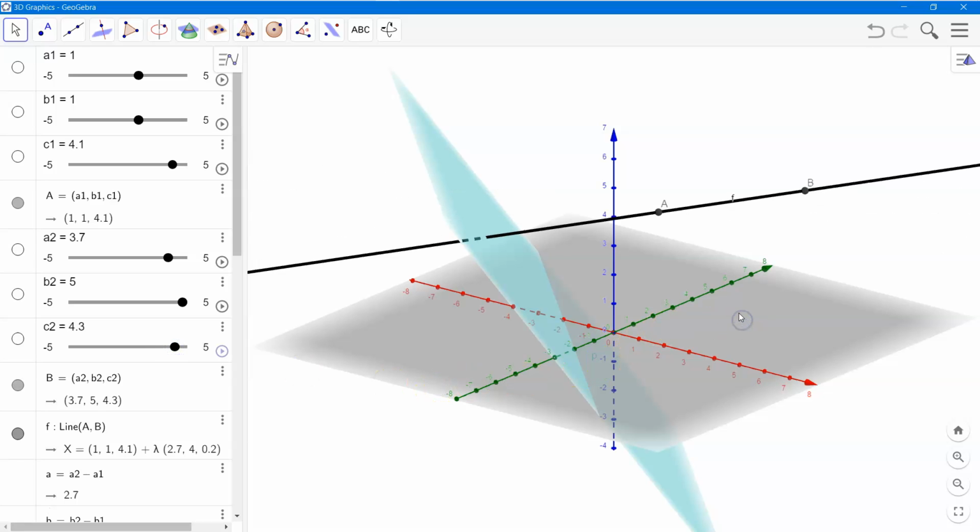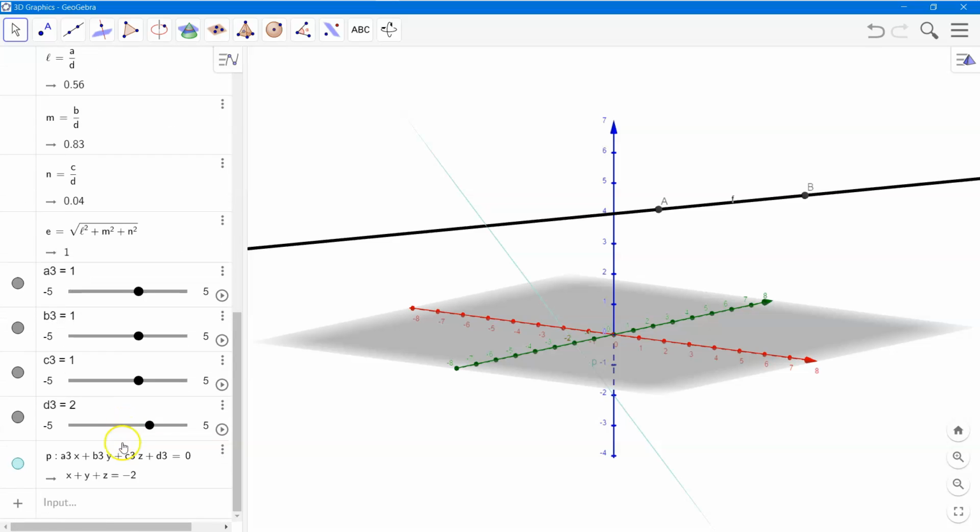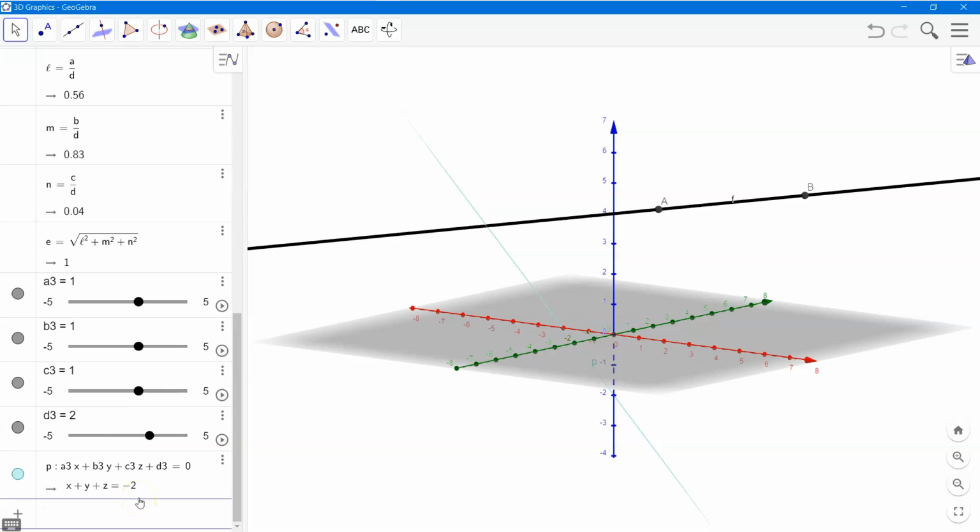Okay. So what we want is the angle between this plane and the line. So for that we also require the square root of A3 square plus B3 square plus C3 square.